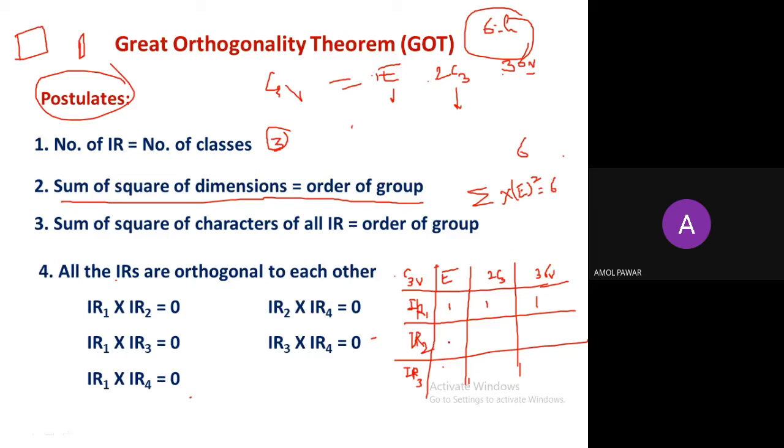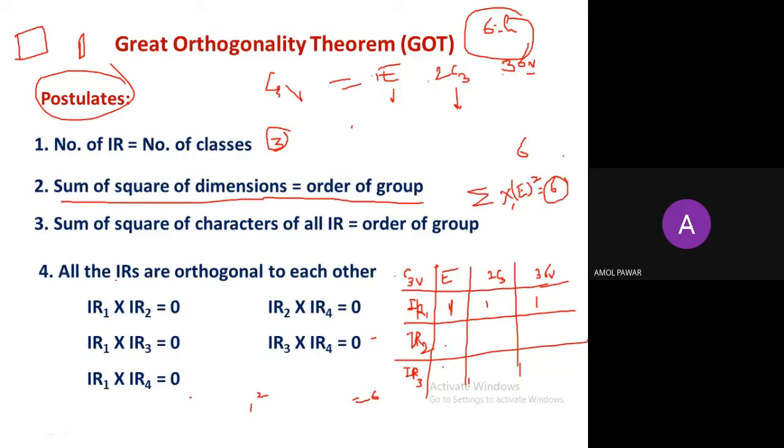Now which values do I have to put here? Then I will get 6. See, one is already written here, correct? So 1 square, that 1 is nothing but character 1 of E squared. Here character 2 of identity, irreducible representation squared, plus character 3 squared is equal to 6.